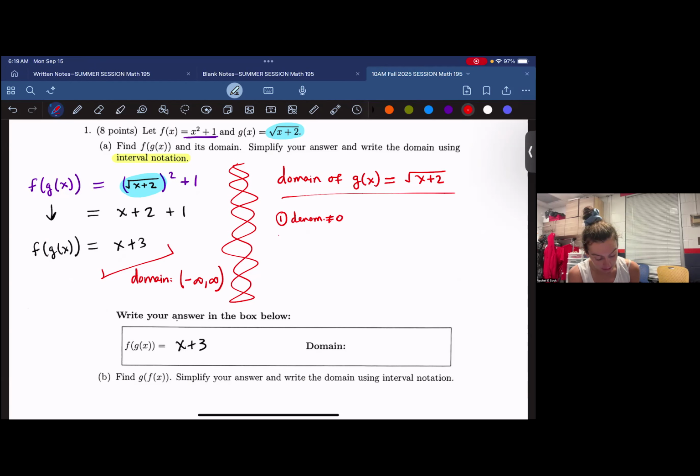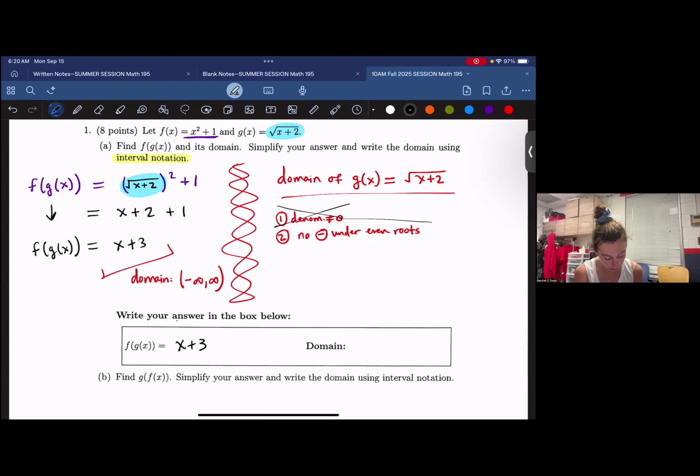And then our second condition is we don't want to have any negative values under even roots. Square root, quartic root, sixth root, so on and so forth. Lucky for us, that first condition doesn't apply here because we're not dealing with fractions.